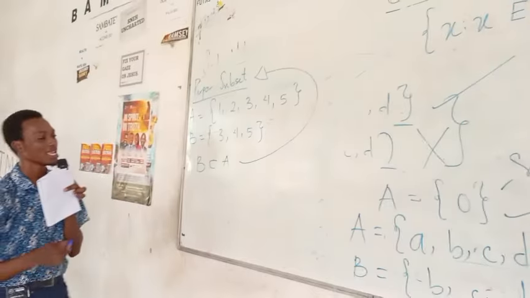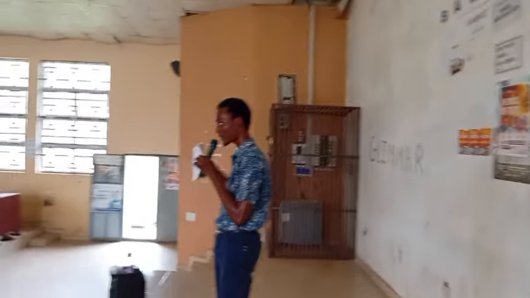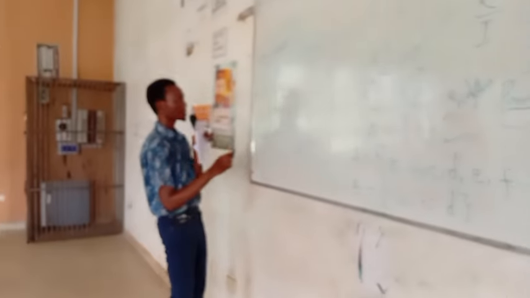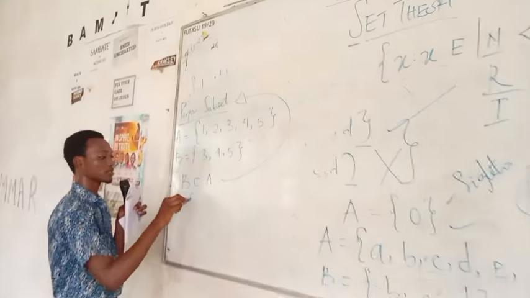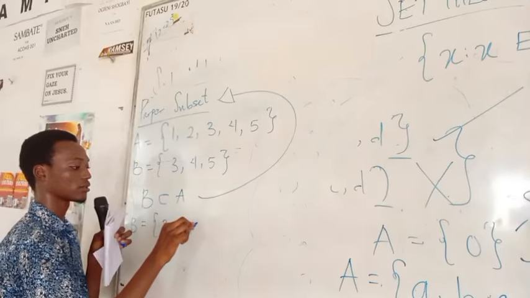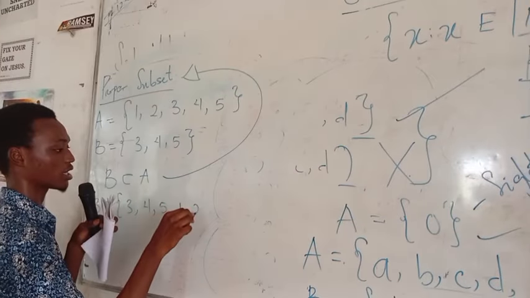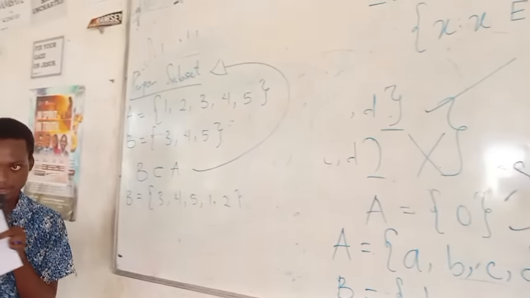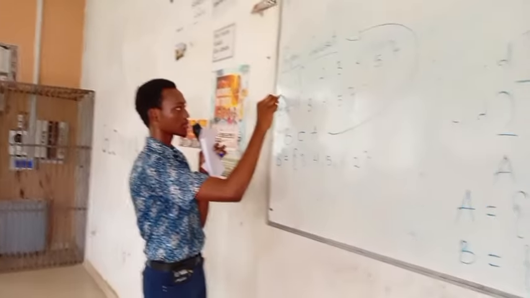Now, in the case of improper subsets, I will explain this now, then I will give you the clue after the explanation. In the case of improper subsets, it's when you have your B to be 3, 4, 5, 1, and 2. Please, let's look up now. This is set A, right?